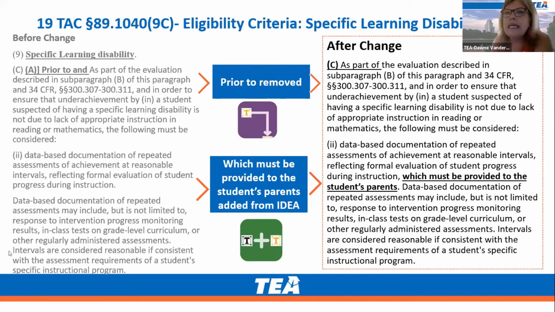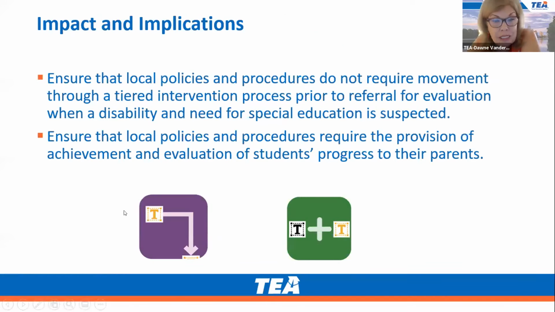So let's look at impact and implications. So what are the implications of the changes? Really, they should be minimal, as these changes just align with requirements elsewhere, but you will want to ensure that local policies and procedures do not require movement through a tiered intervention process prior to referral for evaluation when a disability and need for special education is suspected.